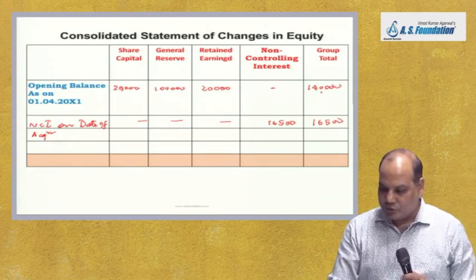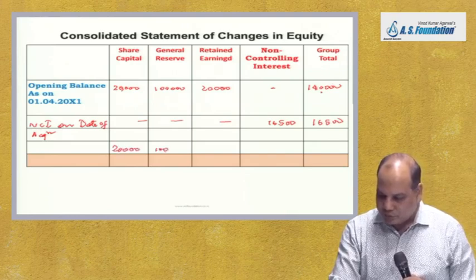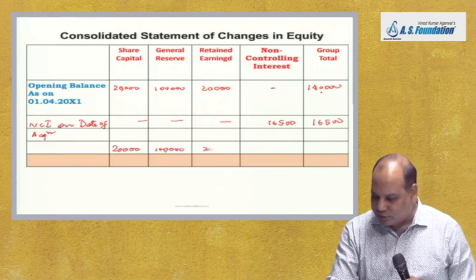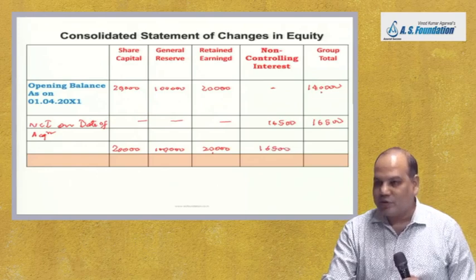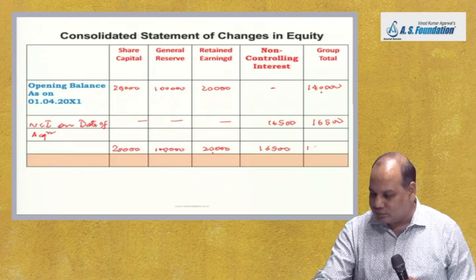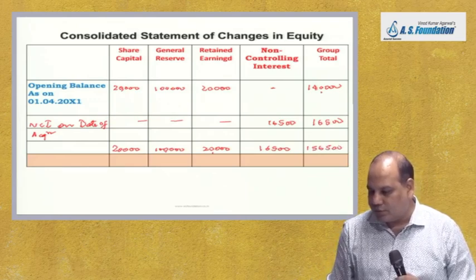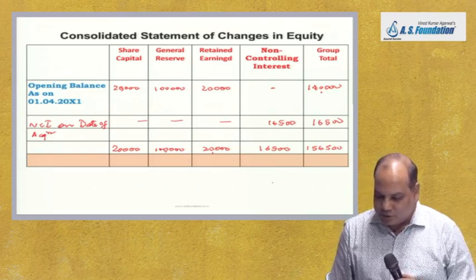No. So you can take the total of this working. 20,000, right? Total 1 lakh. You can avoid this working note in the exam, but such questions are not asked. So total of the last column is 156,500. Correct.